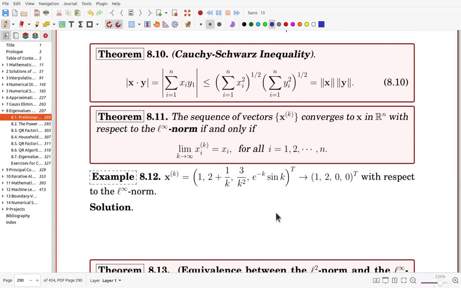Here we have the Cauchy-Schwarz inequality for the dot product. Its magnitude is bounded by the product of the two norms of the vectors, and it's written this way, and that portion is the Cauchy-Schwarz inequality.